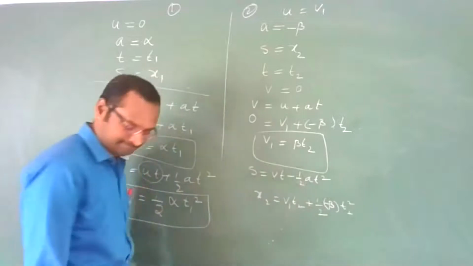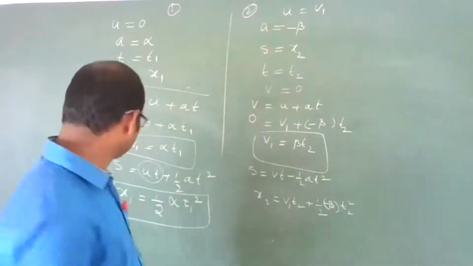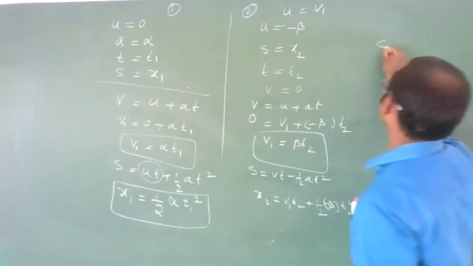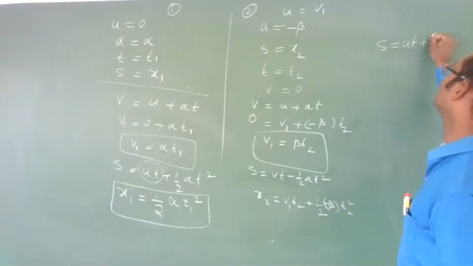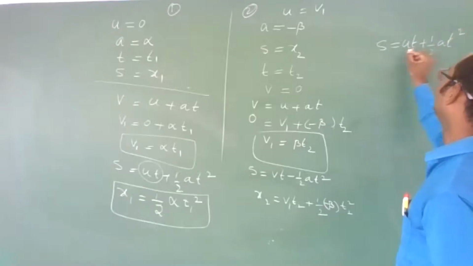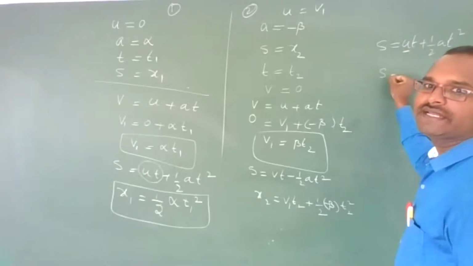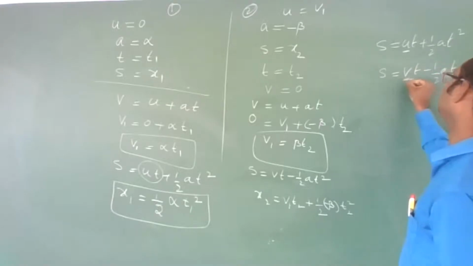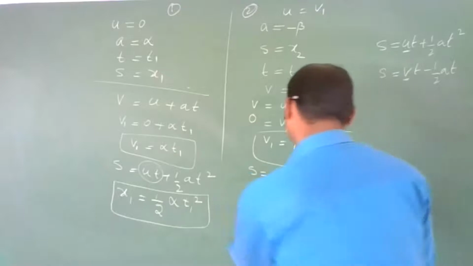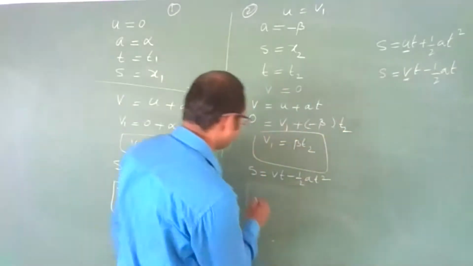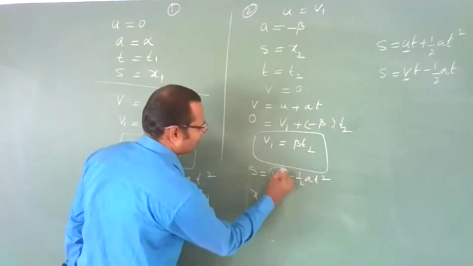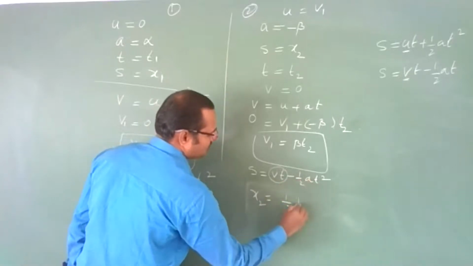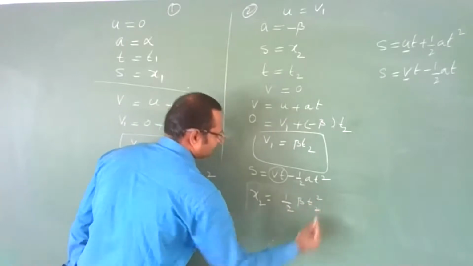So we have two equations: s is equal to ut plus half a t square if the initial velocity is known, or s is equal to vt minus half a t square when the final velocity is known. Because I know the final velocity is 0, that term becomes 0. Half into minus beta is minus beta, so x2 is equal to plus half beta t2 square.